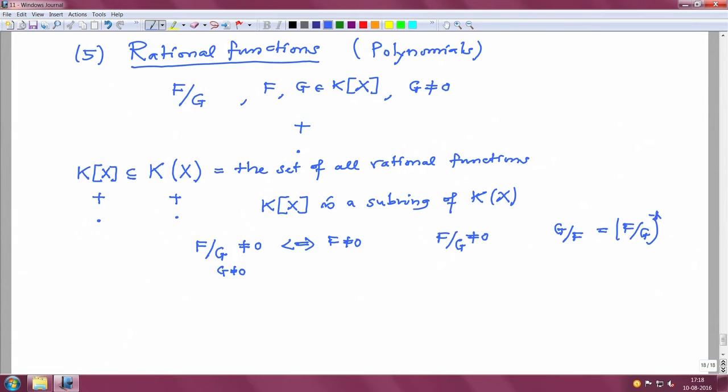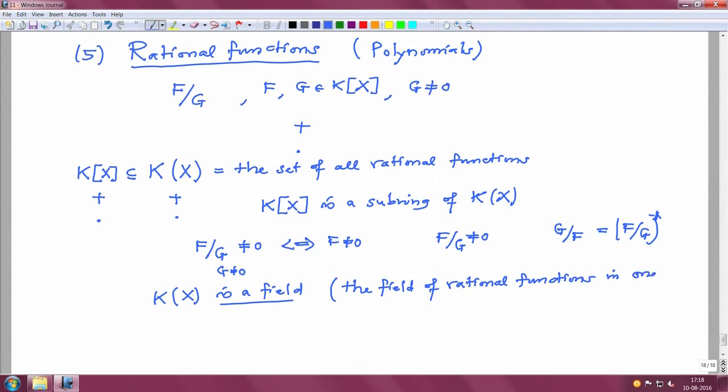So that means we have checked that this set of rational functions k round bracket x is actually a field. That is the reason it is sometimes called the field of rational functions in one variable over k.